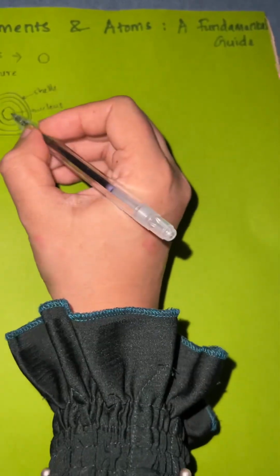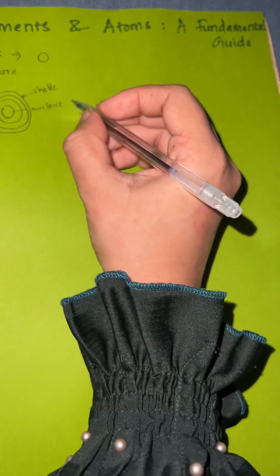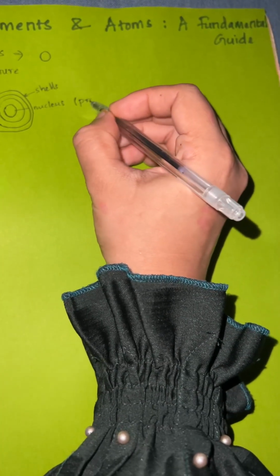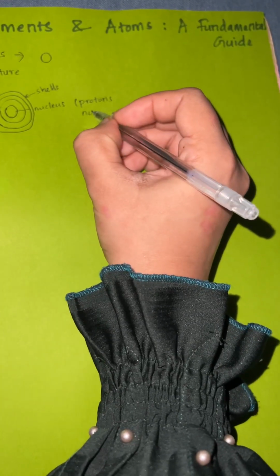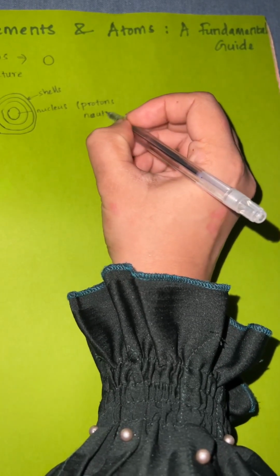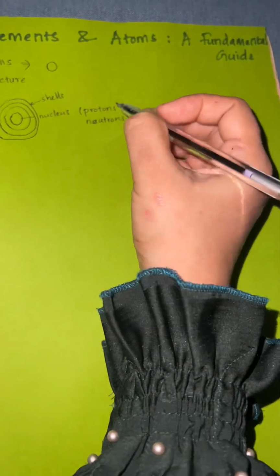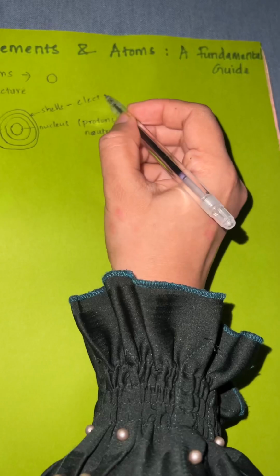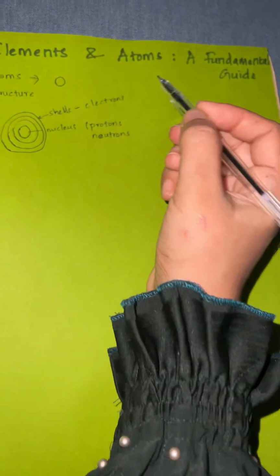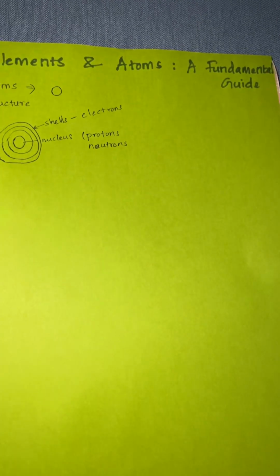This nucleus is composed of protons and neutrons. So the shell contains electrons. So these three are the subatomic particles.